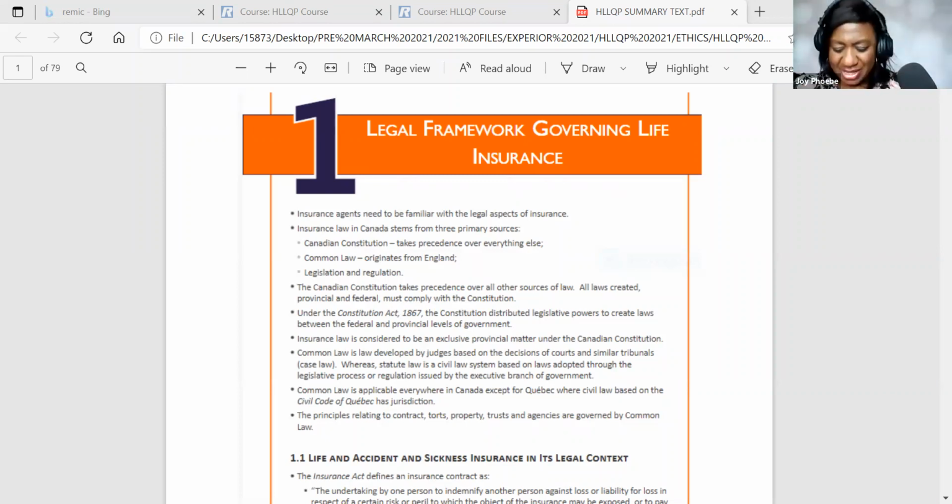Okay, and then in terms of general legal principles, we will also be looking at minors and guardians. How are the rights of minors and the rights of guardians protected or established when it comes to life insurance and all that. And then also power of attorney, marriage and common law unions. We all know that when a relationship breaks down, a lot of things are not the same again.